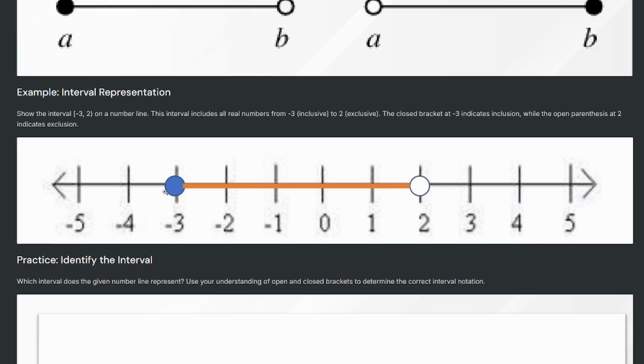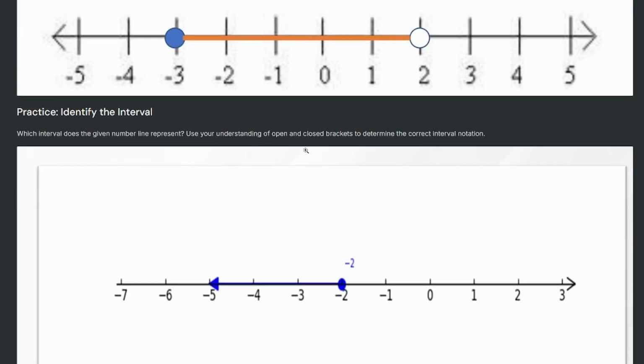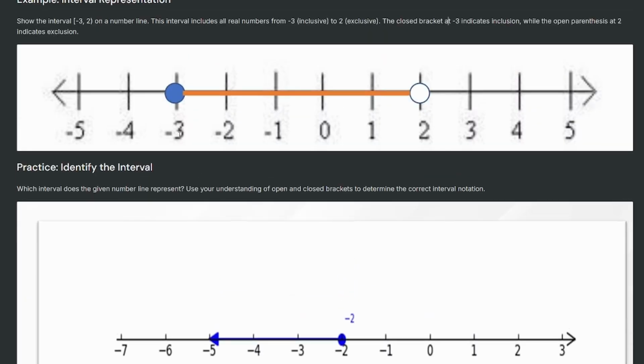A filled circle means a closed interval, and this is an open interval, meaning -3 is included but 2 is not included, but all the numbers between -3 and 2 are included. Basically, this interval represents this number line. You can see -3 is inclusive but 2 is not inclusive, or 2 is exclusive, 2 is not included. You can see this example.